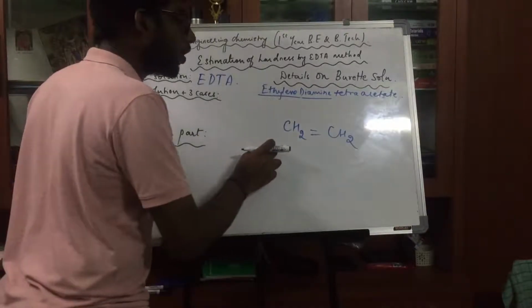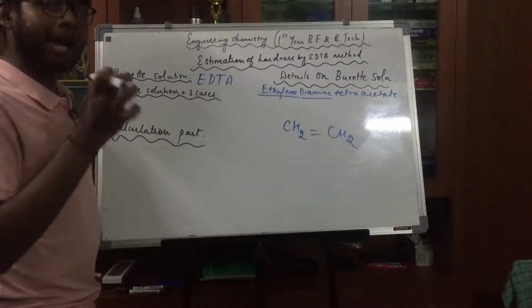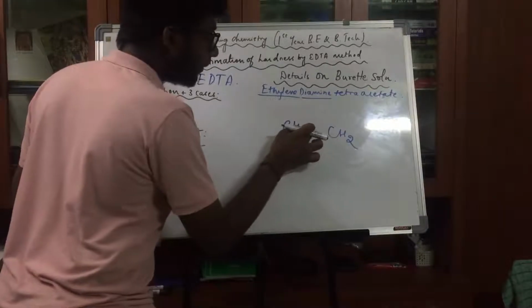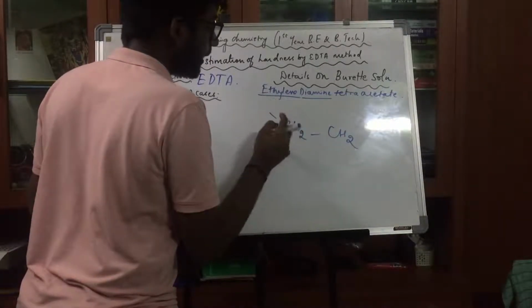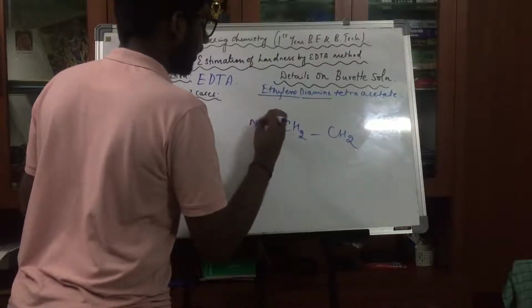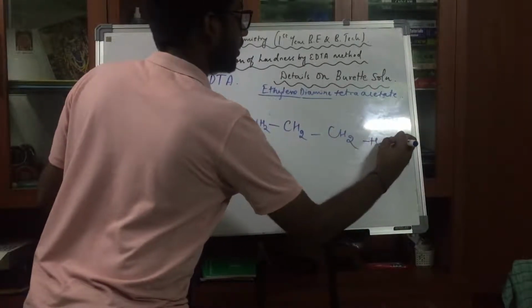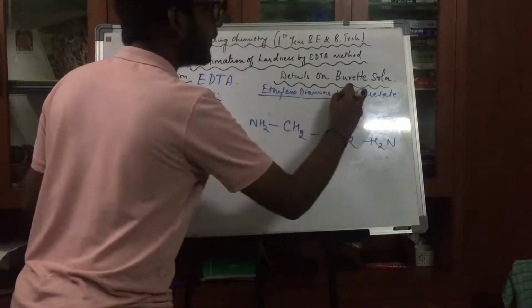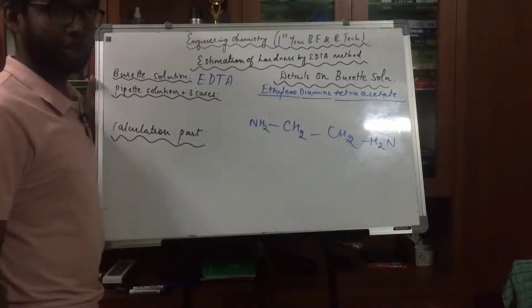One double bond is removed, and you will have H2N here and H2N here, and then you have the tetraacetate.